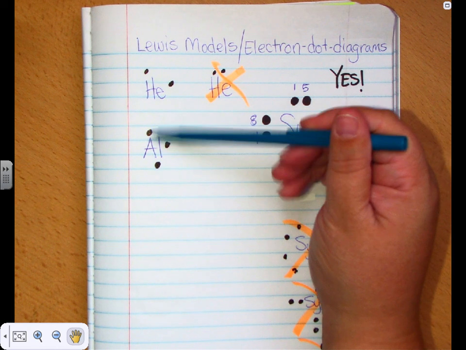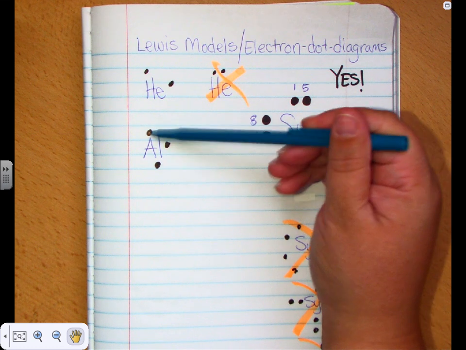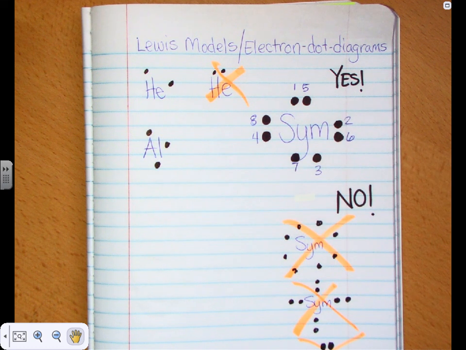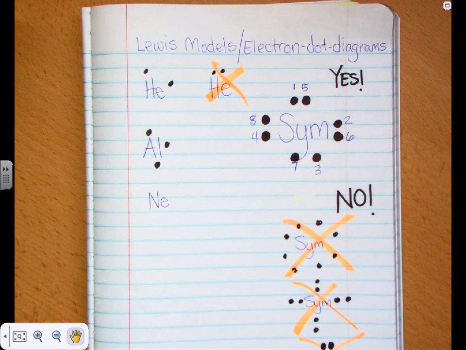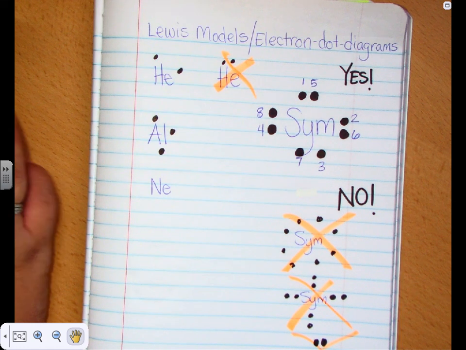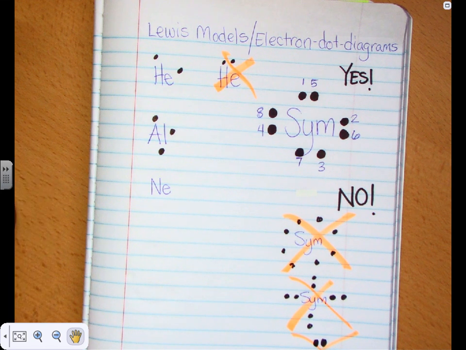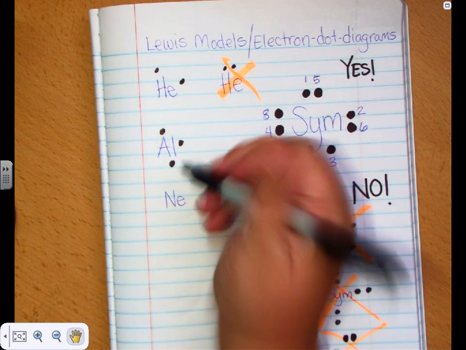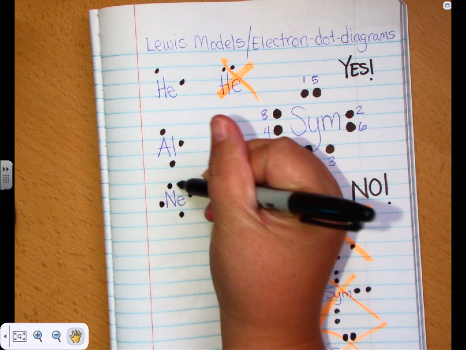The last one I would like you to do is neon. How many valence electrons does neon have? 8. 1, 2, 3, 4, 5, 6, 7, 8. Just like that.